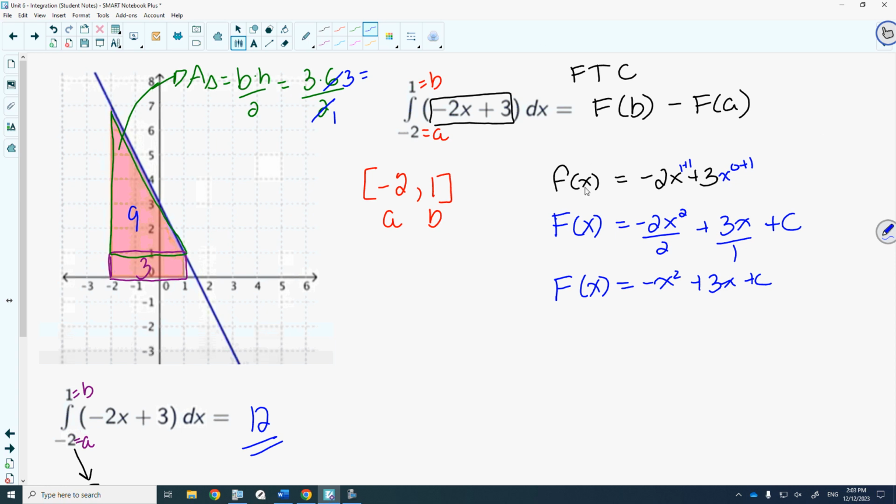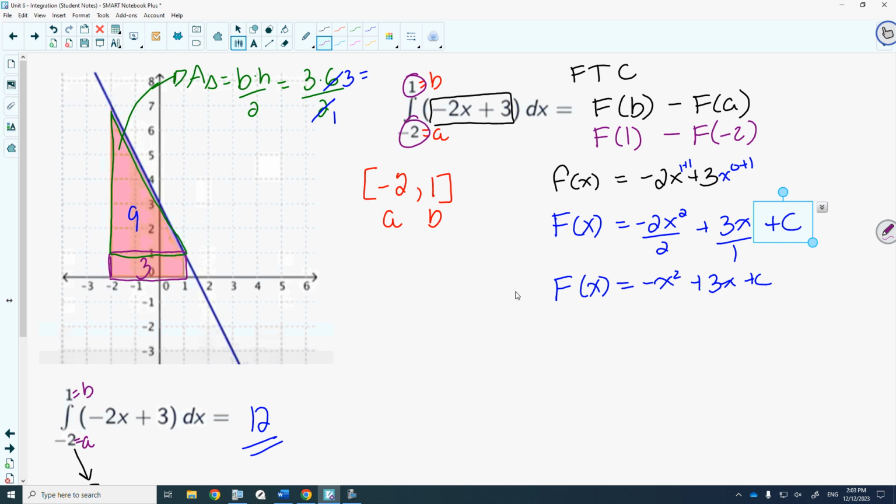So in order to do the fundamental theorem of calculus, we need to evaluate the antiderivative at b minus the antiderivative at a. So that would be big F of my upper limit of integration, 1, minus big F, the antiderivative evaluated at the lower limit of integration, which is negative 2.